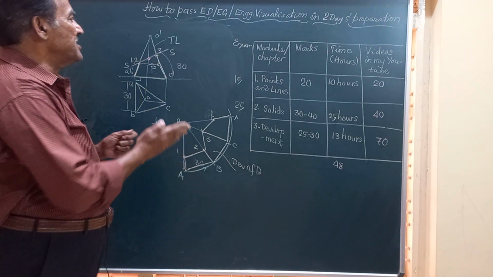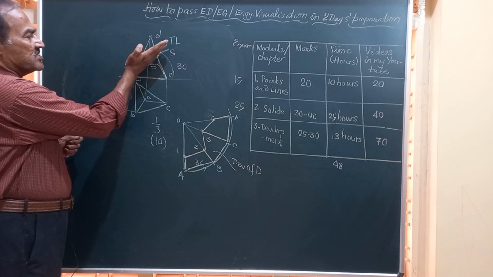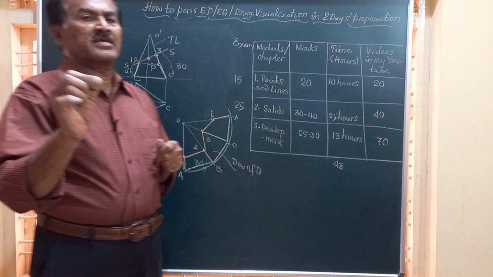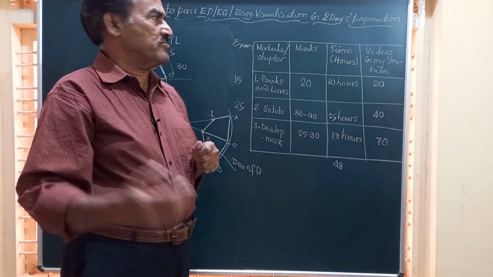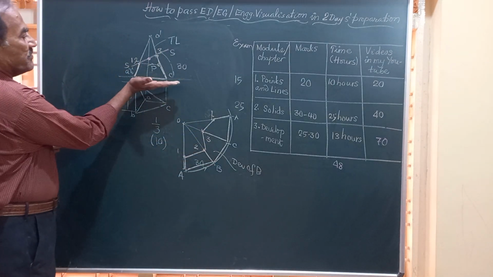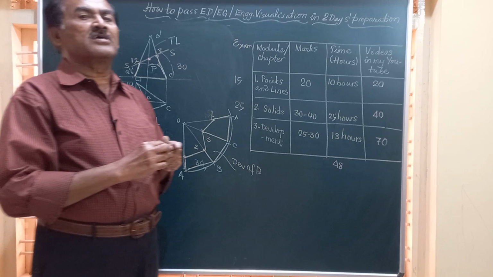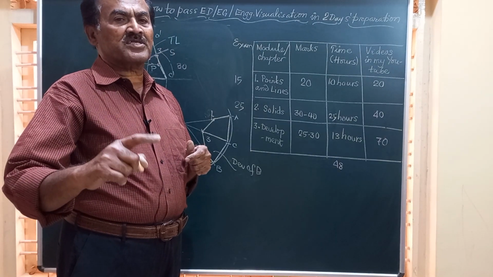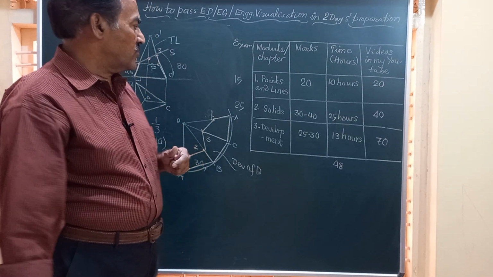Whenever the section plane is at an angle to the solid axis, the portion that is retained is called a truncated pyramid or a truncated cone, as the case may be. And if it is cut parallel to the base, the portion below the section plane is called the frustum of that solid. It could be a frustum of a pyramid or the frustum of a cone.